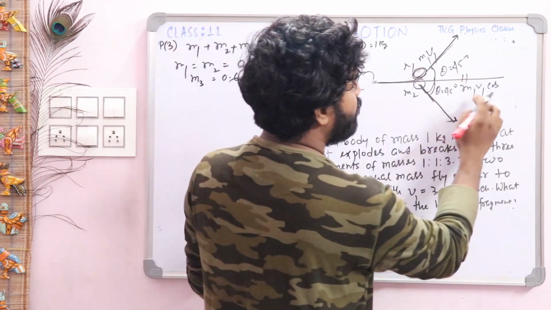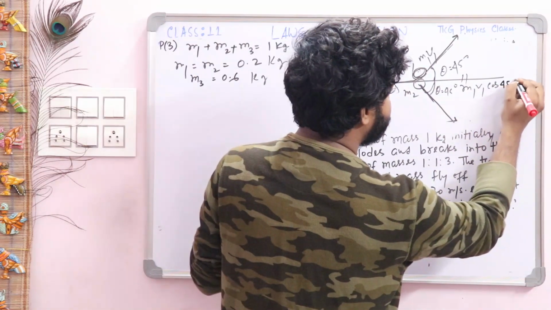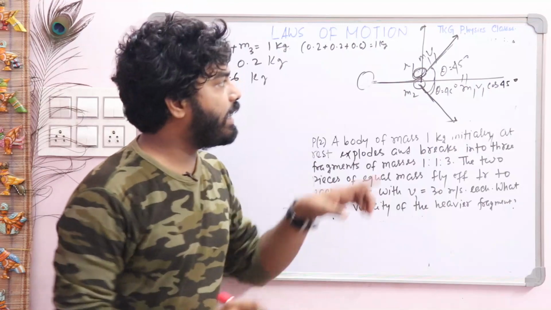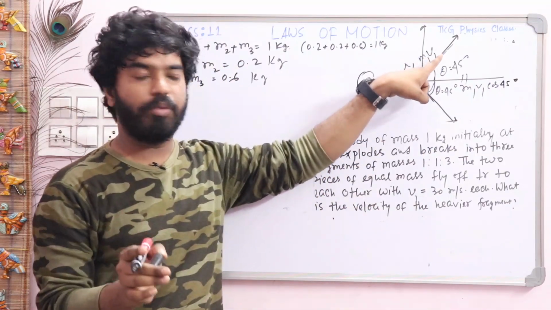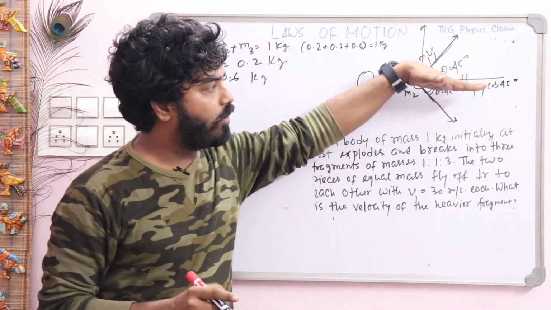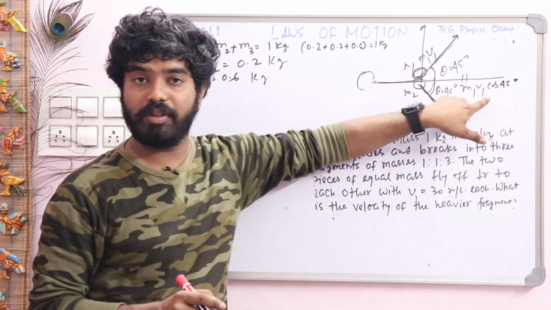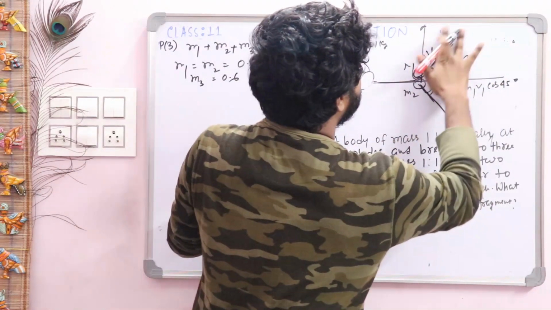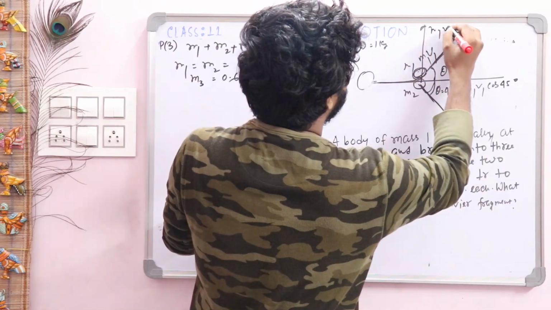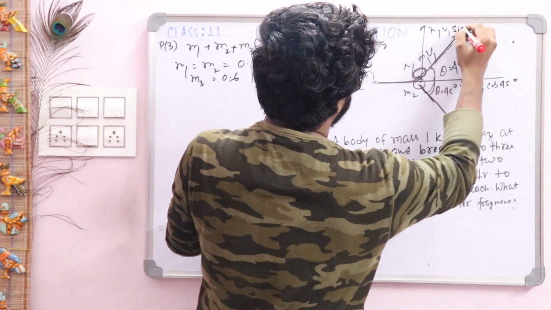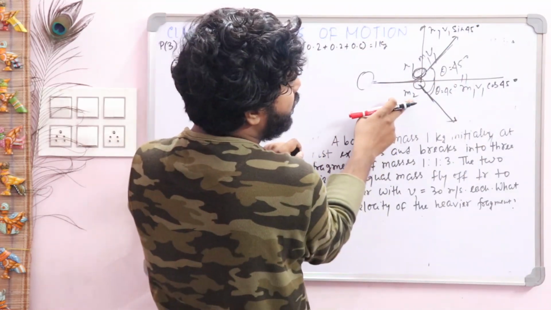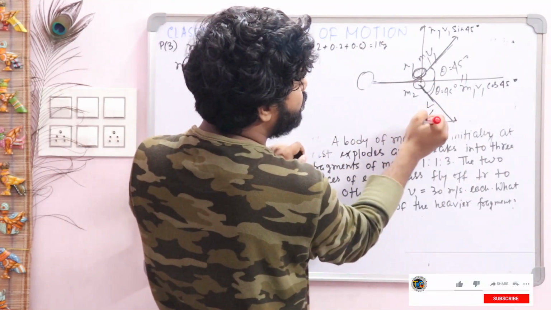So it has two components: one horizontal component along the x-axis, that is m1 v1 cos 45, and the vertical component, that is m1 v1 sin 45.